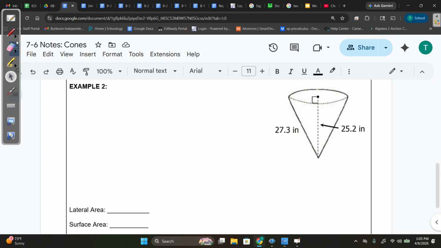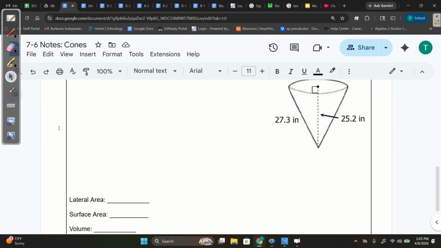Example 2, again, I need the same formulas from before, so I'll write them out. Lateral area is pi times radius times the slant height. Surface area is pi r slant height plus pi r squared, and volume is 1/3 pi r squared times the height.